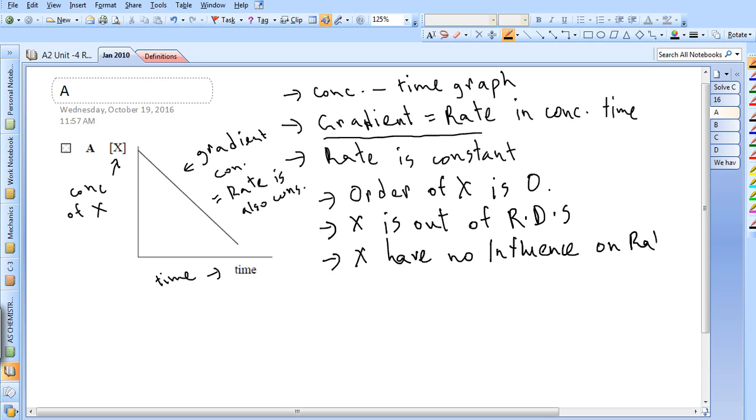Since the rate is constant, X will not have any influence on rate. So rate is the same for any concentration of X. So here we can conclude that the order of X is 0 in option A, so A shouldn't be the option.